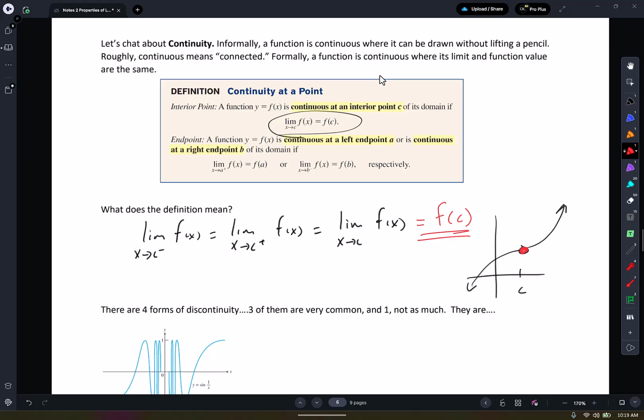If the limit equals the same as f of c, then f of x is continuous at x equals c. f of c is some value, right?